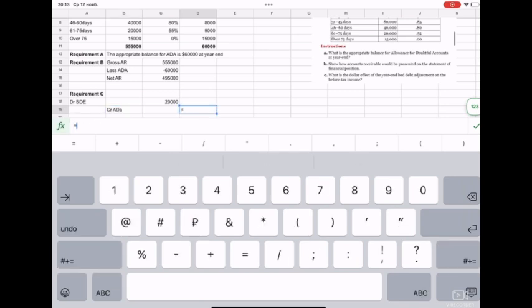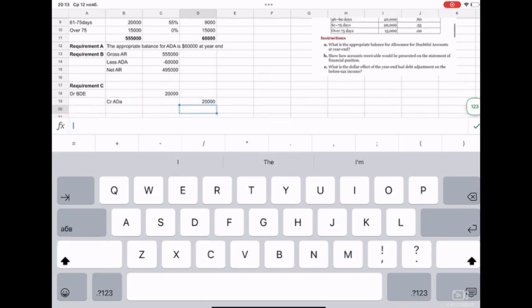It already had a 40,000 credit balance, but we needed it to be 60,000. So therefore, the company has to increase the allowance by 20,000. So this 20,000 will be recorded as a bad debt expense.